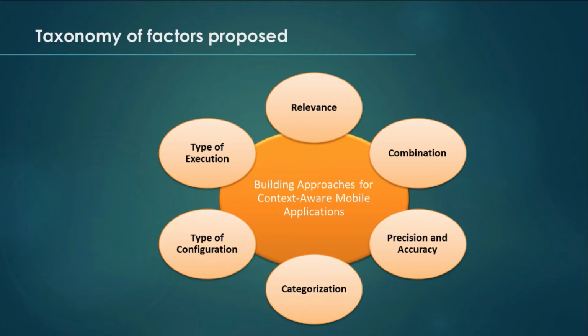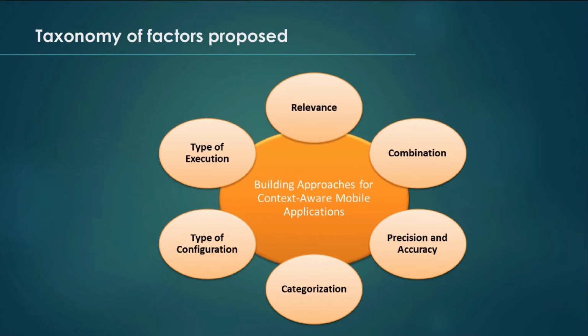Active configuration, where the application itself, based on behavior, requires a monitoring and learning mechanism. Categorization: the approach should have a way to categorize context, user, objects, environment, considering how each category is derived inside applications.